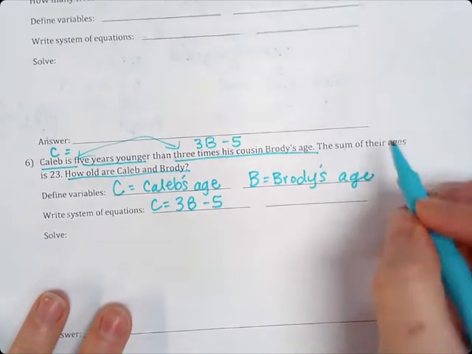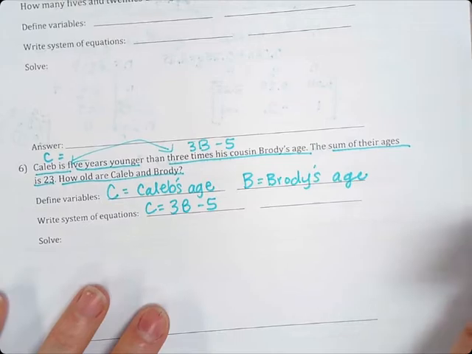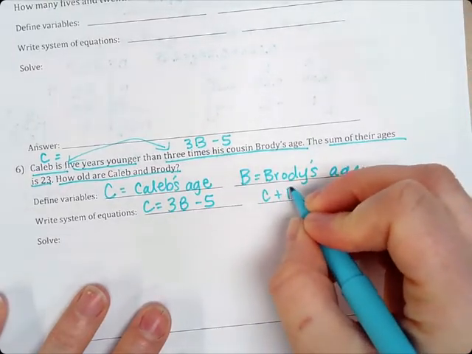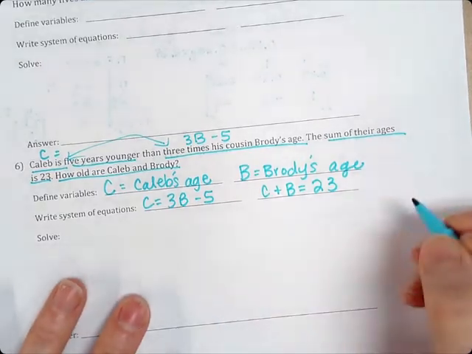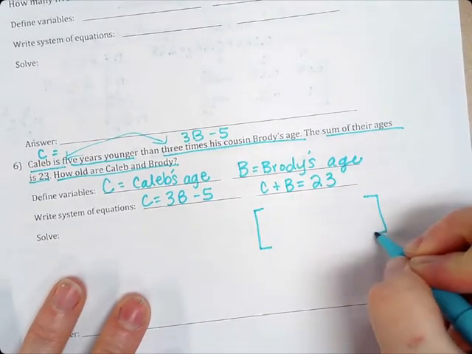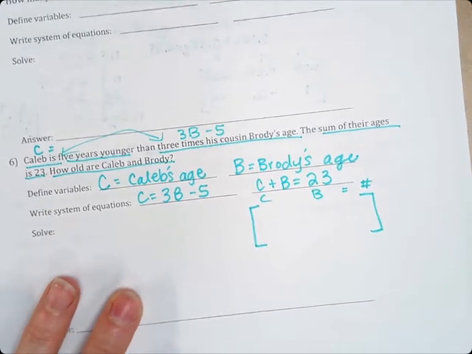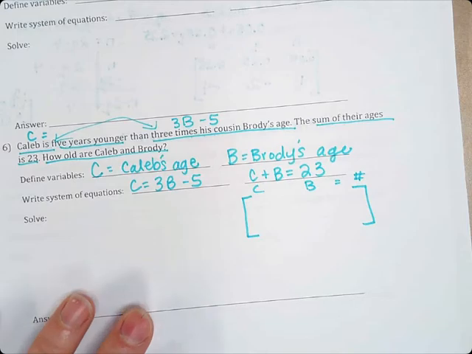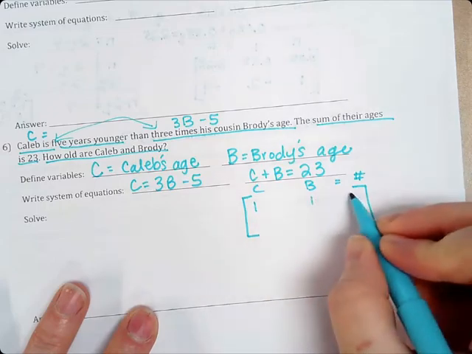And then the sum of their ages is 23. How do we write that? So one of them is already written in the right form, this one. So we can write a C, B equals a number. So since it's already written like that, we can go ahead and put that first equation in our matrix. So it'd be 1, 1, 23.